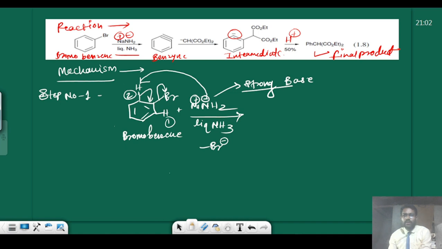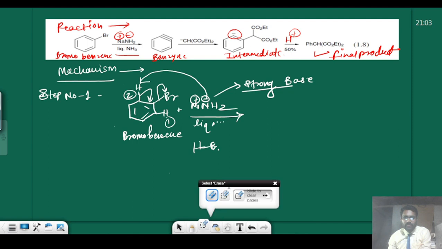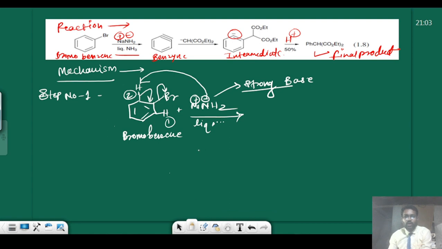Again this bromide will take a proton from the solvent medium and leave as an HBr molecule, hydrogen bromide.